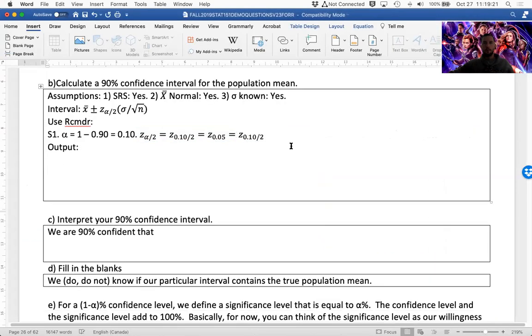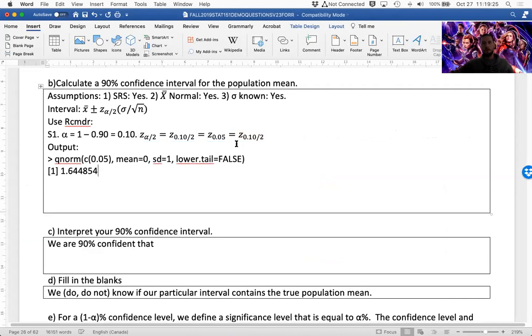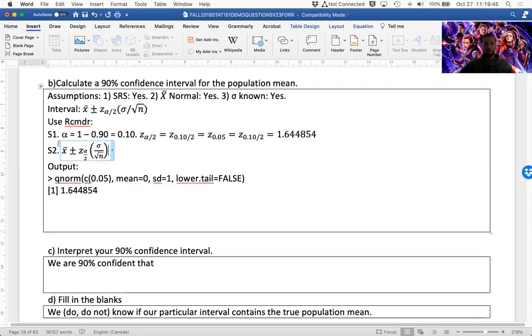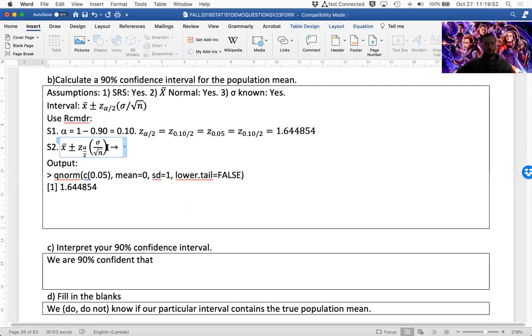So here we're going to type just below under output, equals 1.644854. Okay, so now on step 2, we're just plugging into our interval formula. So we have this. Okay, so then this is going to give us the following.